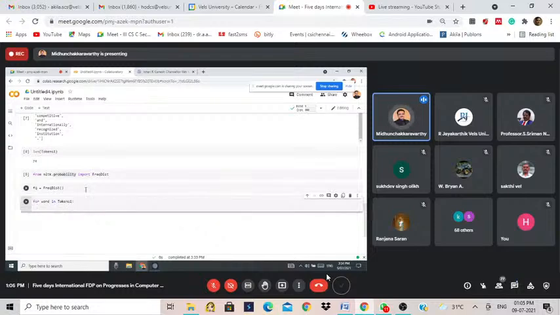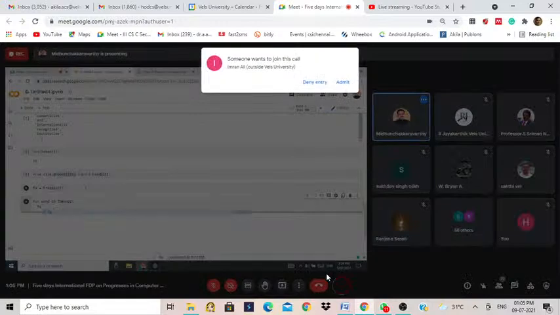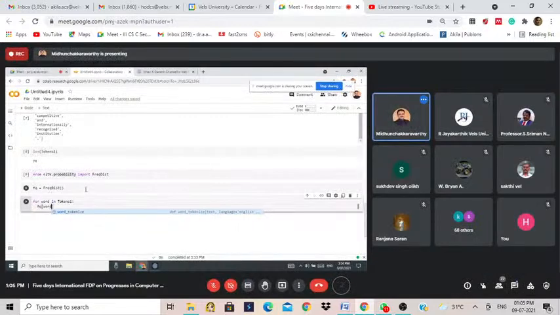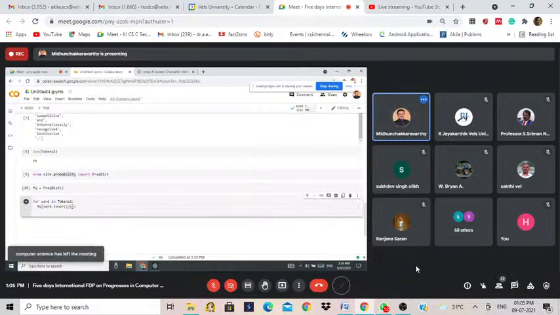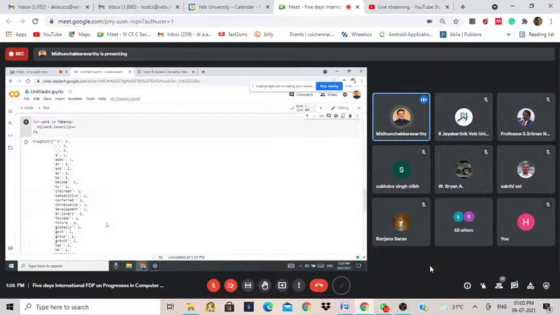This is a loop I'm using. Then I type FQ, and I go with word.lower. What I want here is the number of times each word is used. That gives me the data, the words data, so I use FQ. Now, if I execute this, I will get the words used here.